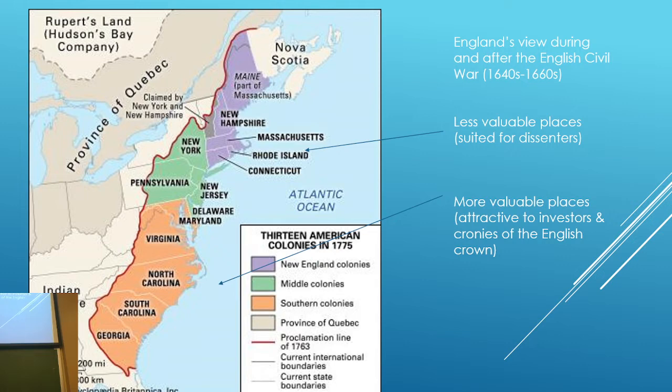There are some people coming over, but the settlement of the South before the 1640s is really just in Virginia, primarily. After the English Civil War, there's a much more serious settlement in what we call North Carolina, South Carolina, and Georgia, but which they called the Carolinas.